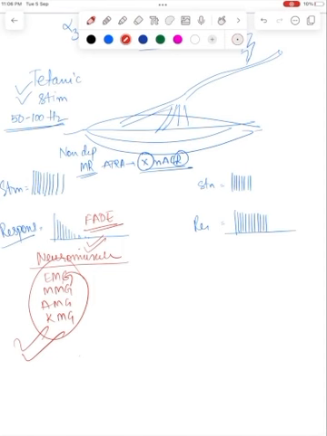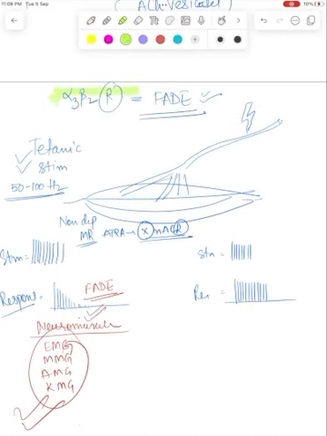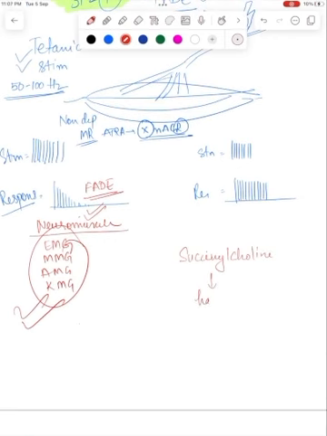Right, so fade phenomena is also mediated by these receptors. And a very peculiar thing to note is that succinylcholine has no affinity for these alpha 3 beta 2 pre-junctional receptors.